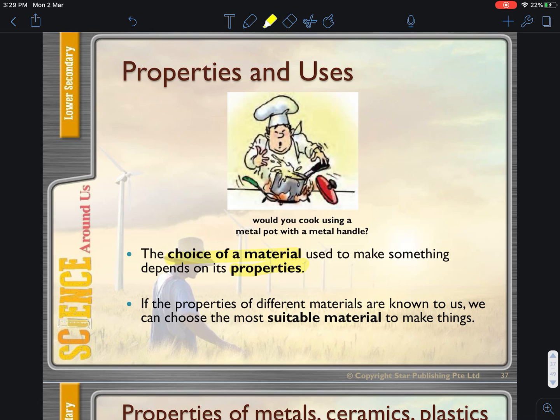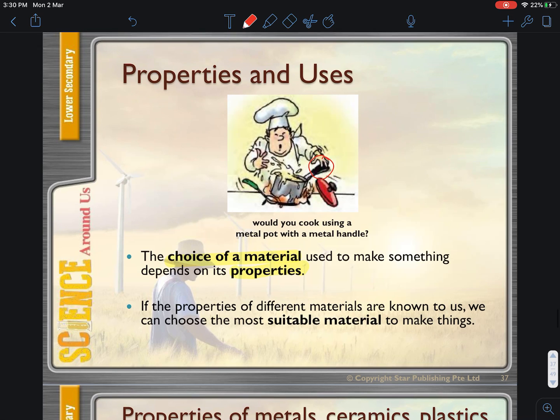For example, if the handle of the pot is made of metal, it could burn your hand because metals are good thermal conductors. So you will want to use maybe plastic as the handle, so that when the person holds onto a boiling hot pot, they will not get burnt.